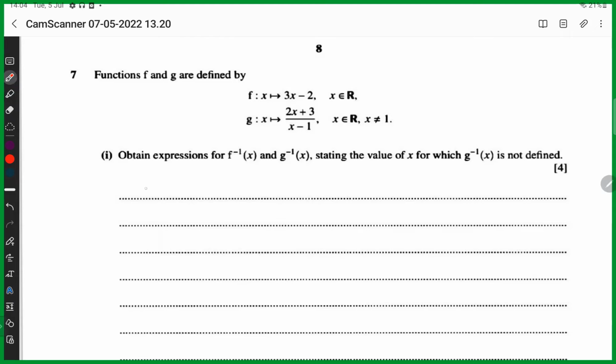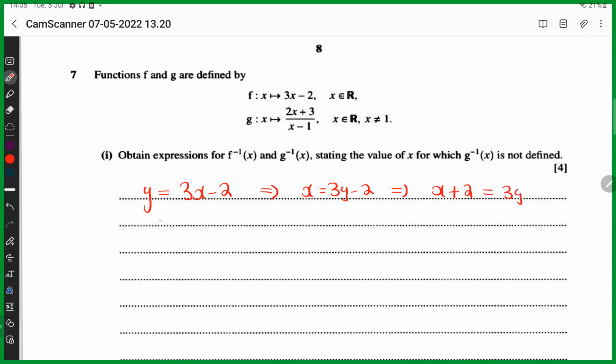Step 1 is writing down f of x as y. So this would give you y equals 3x minus 2. Now just interchange x and y, and it would give me x equals 3y minus 2. And lastly, I need to make y the subject. So this would give me x plus 2 equals 3y.